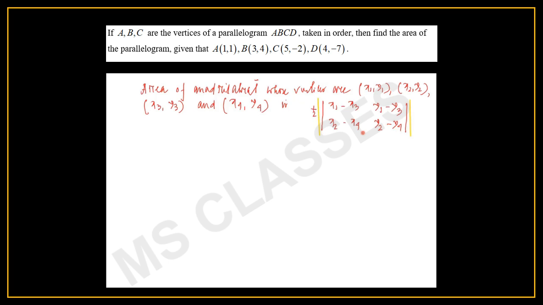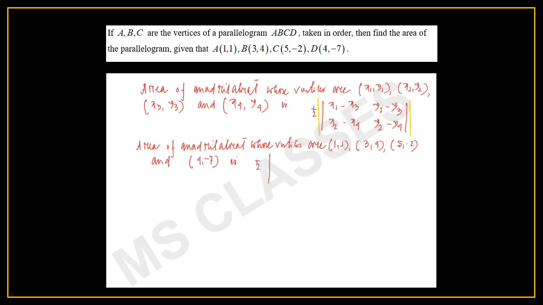We can just apply this concept in a sum where the vertices of the quadrilateral are given. So the area of the quadrilateral whose vertices are (1, 1), (3, 4), (5, minus 2), and (4, minus 7) is half of, we can apply the formula now.